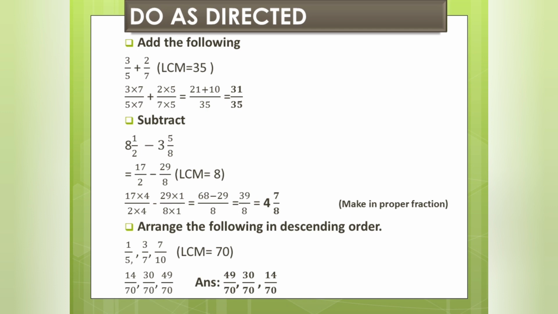So first convert 8 integer 1 upon 2 into an improper fraction. For that, 8 2s are 16, 16 plus 1 is 17, 17 upon 2, minus 3 8s are 24, 24 plus 5 is 29. The denominator is as usual 8, 29 upon 8.